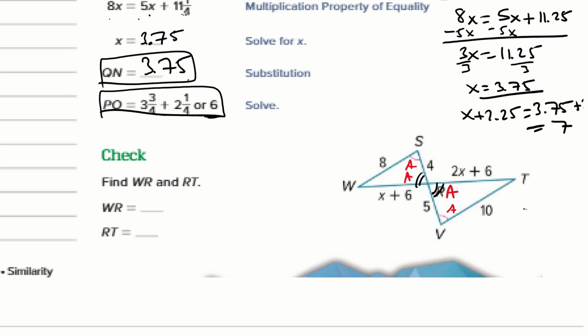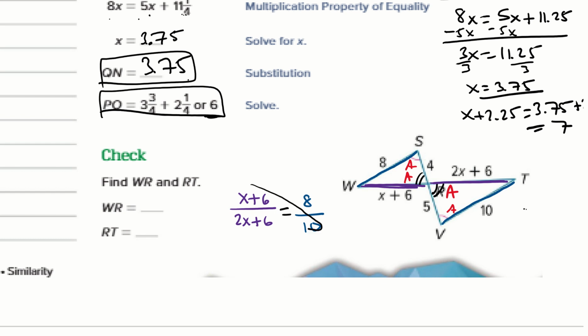Okay, so we're going to say, this side, 8, matches up. What does 8 match up with? Well, 8 matches up with 10, and x plus 6 matches up with 2x plus 6, right? And so x plus 6 matches up with 2x plus 6, and 8 matches up with 10.